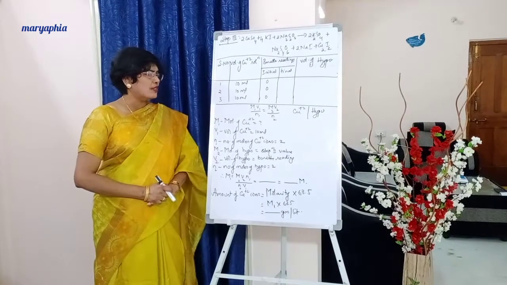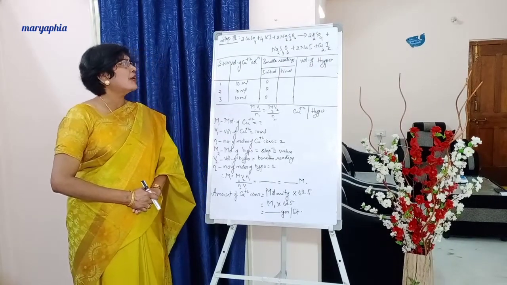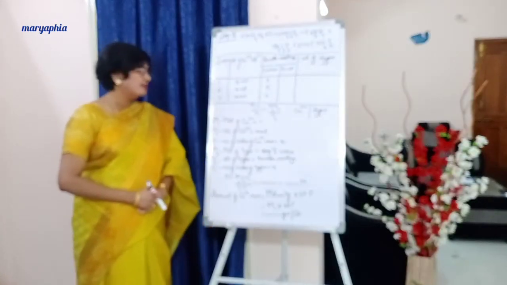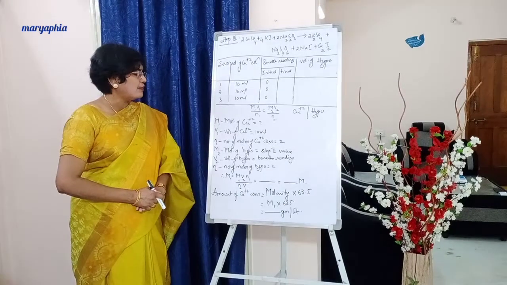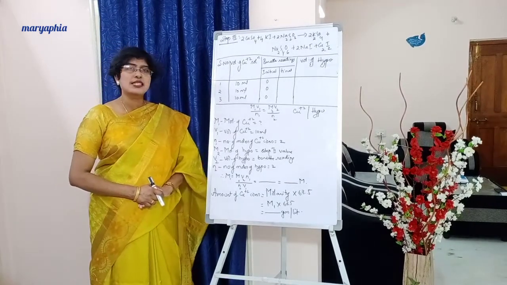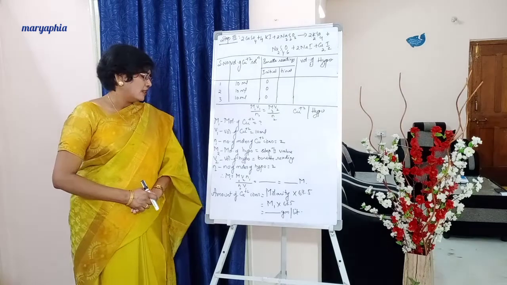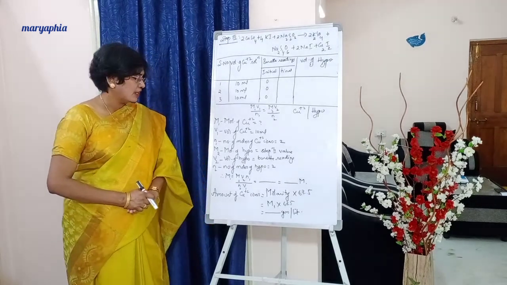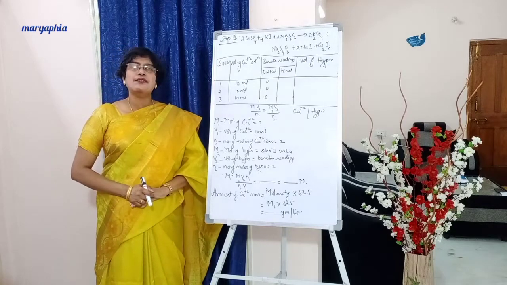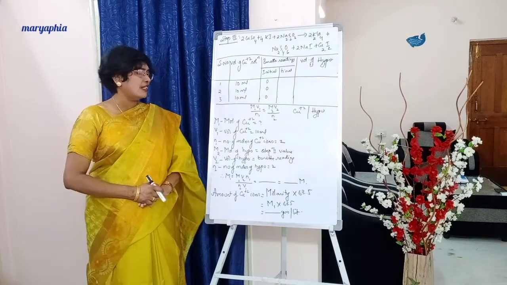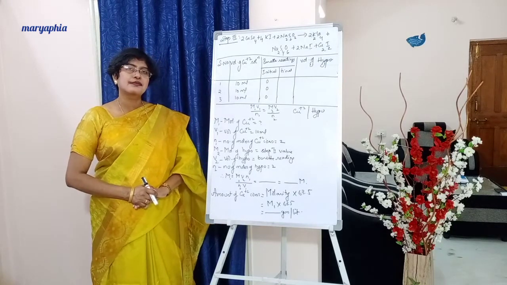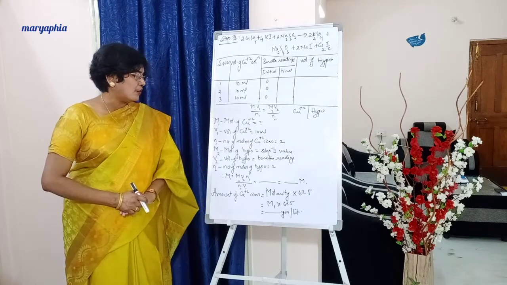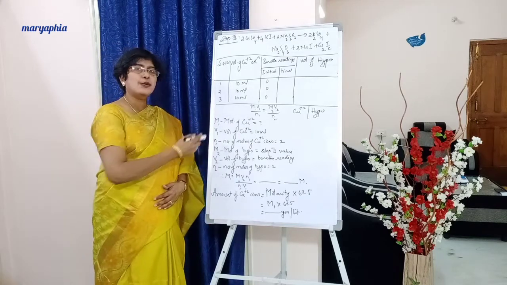N1, number of moles of Cu2+ ions from the reaction, 2. Next, M2, molarity of hypo, step 2 value. V2, volume of hypo, burette reading. N2, number of moles of hypo from the reaction, it is 2. Okay. Therefore, what is to be calculated? M1 is to be calculated.